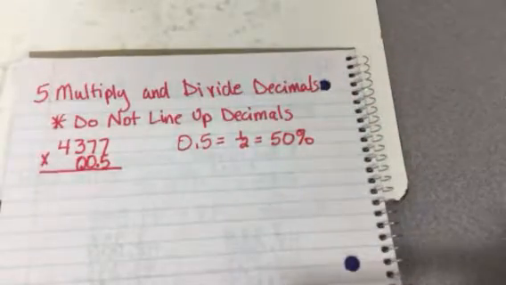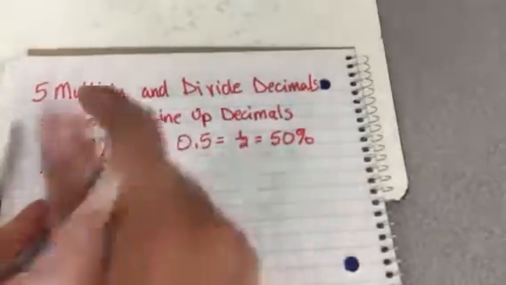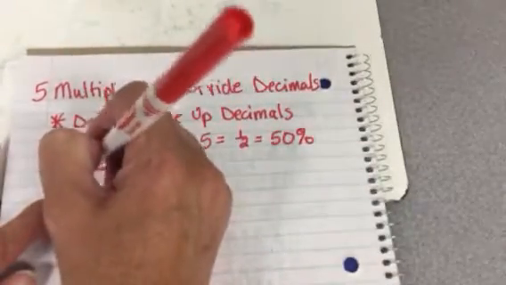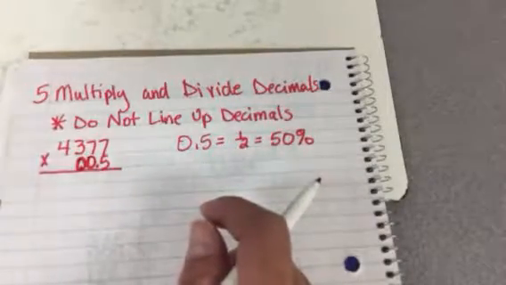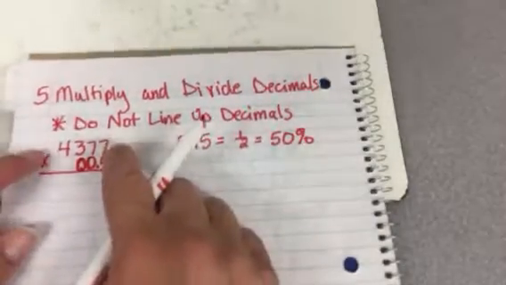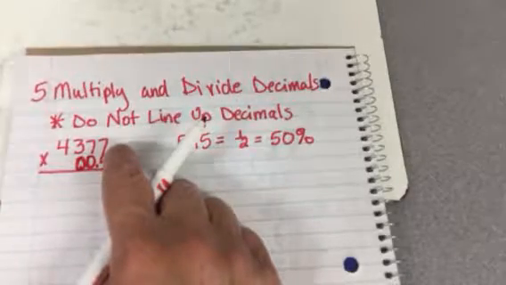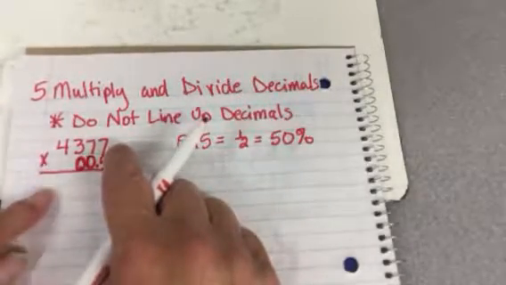So what we should think about when we're looking at this decimal point with no digit in any of the whole number places is that our answer should come out to be smaller than our original number. When we multiply by a decimal, our number is going to get smaller.